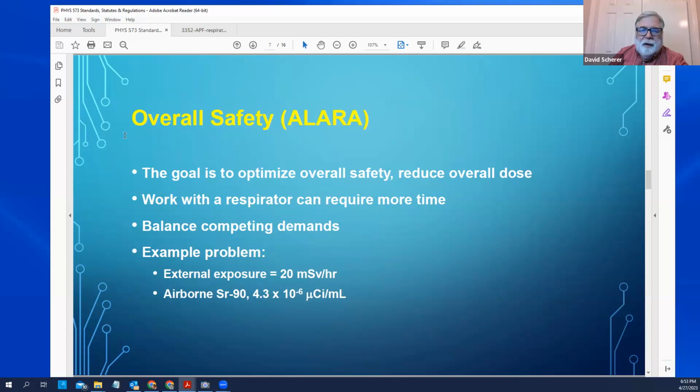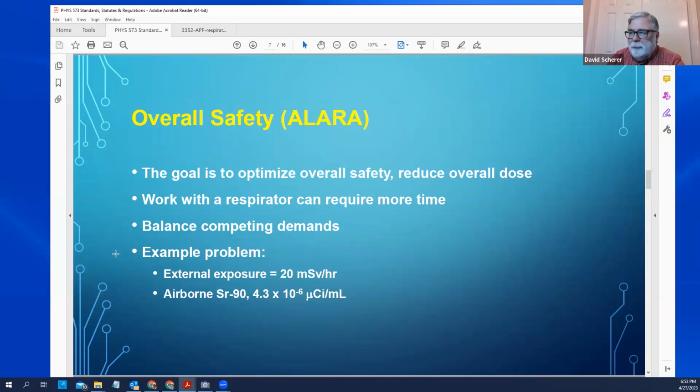Sometimes a particular task requires more time to perform when wearing a respirator compared to doing it without a respirator. So if we reduce the internal exposure, we may increase external exposure because we have more time in that workplace. So we have to have a way of balancing all the competing demands.